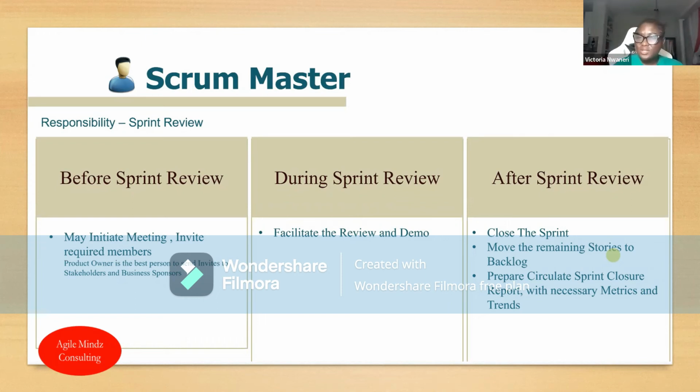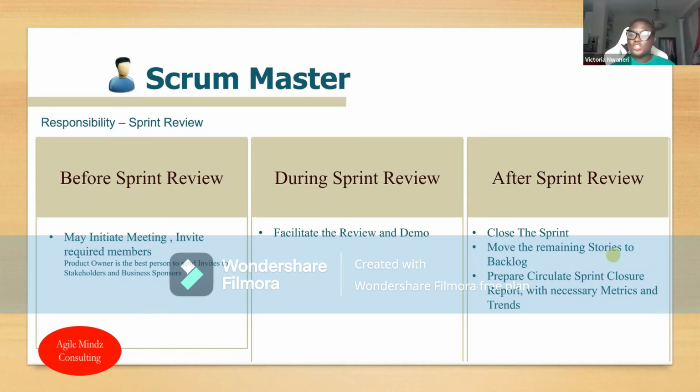During the demo, you set the tone for that demo, and then hand it to whomever needs to do the demonstration. After the demo or review, you definitely want to close the sprints if all of the feedback has been given and you have discussed what needs to go where.